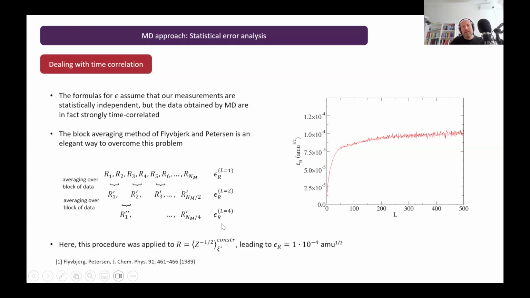And again, we compute standard error. So we keep on doing this blocking. In the end, we plot the estimated standard error as function of block size. Okay, and what we should see is that after initial steep increase, we should arrive at this plateau, and this gives us our best estimate for the standard error, and the corresponding point on the x-axis would be the length of correlated data, so the effective separation between uncorrelated data, to be more precise.